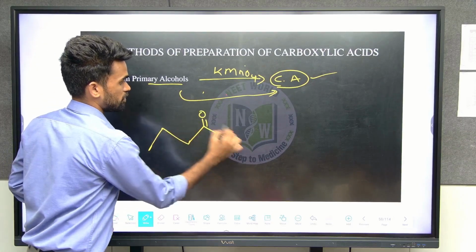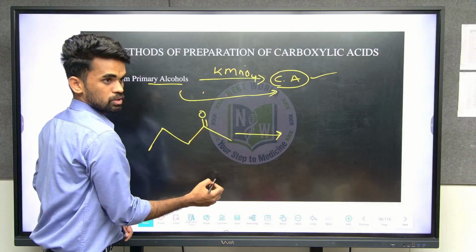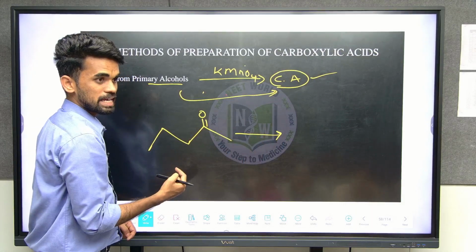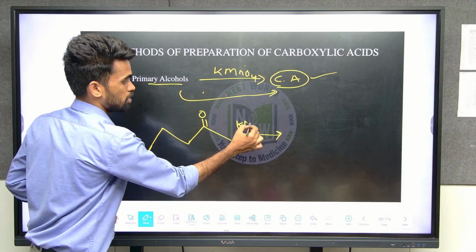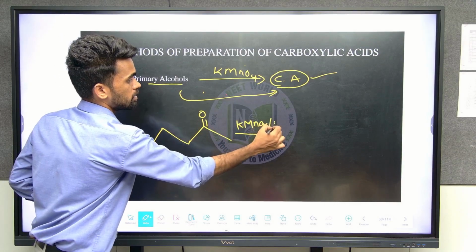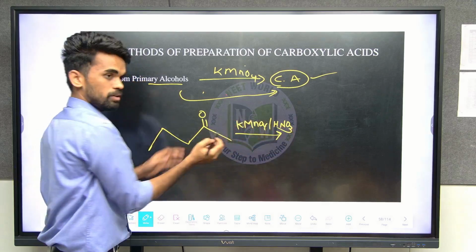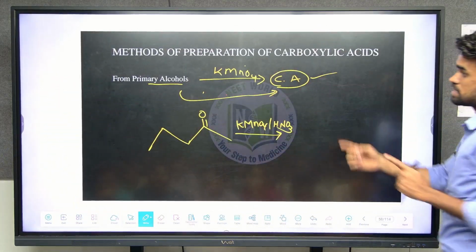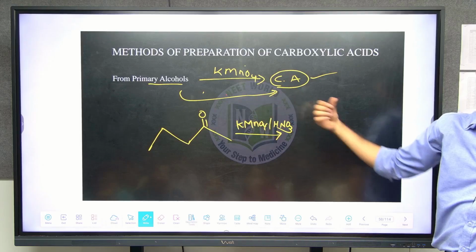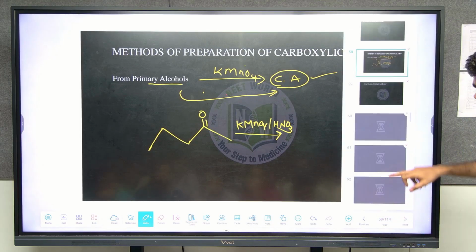Like this ketone is given. How can I convert it into carboxylic acid? Popoff's rule I told you. What is the reagent I should use? KMnO4 or HNO3. You already studied this. The chemical properties of ketones are nothing but the preparation methods of carboxylic acids.